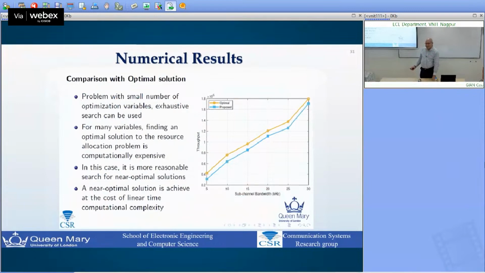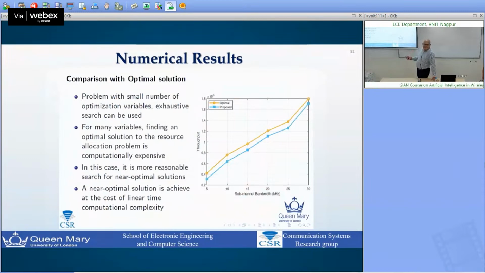Whatever other approximation you do, you won't get this optimal for a small number of variables. Here we did exhaustive search, and with this yellow line, we got it by exhaustive search. But the thing is, we haven't used enough training data set.